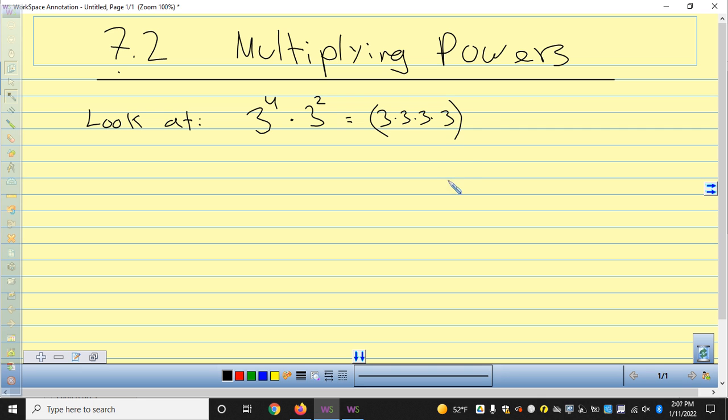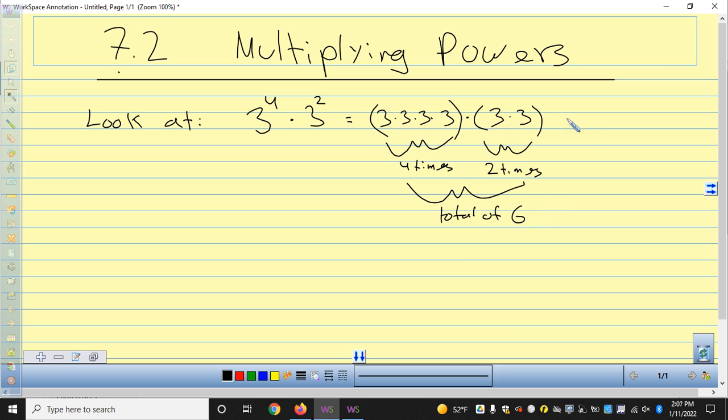And then we're going to multiply that by 3 squared, 3 times 3. 3 to the 4th means we multiply 4 times, and 3 squared means we multiply 2 times. Well, how many 3's do we have now? 6. So we have a total of 6. So 3 to the 4th times 3 squared equals 3 to the 6th.